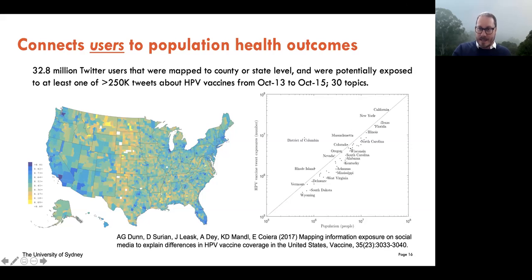As an indicator, on the right-hand side, it's a scatter plot of the population of each of the states and the potential exposures that people had to HPV vaccines in each of those locations. You can see that some states and DC, for example, are overrepresented in terms of the number of exposures they had.